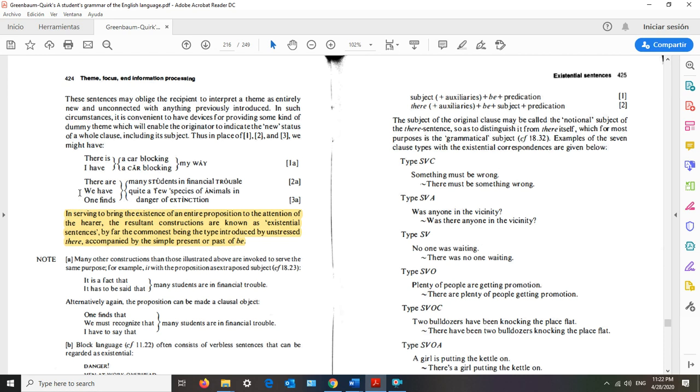So this is just to call your attention to the fact that although we call the sentence that we are focusing on existential sentences, you may have two other options that are also existential, in that they also present an entity into discourse, introduce an entity into discourse.